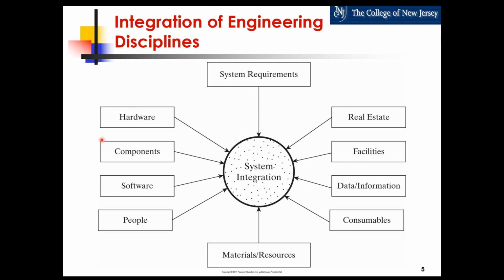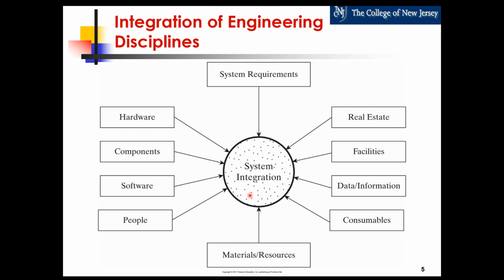So as you integrate these engineering disciplines, you are going to be looking at everything that you need for successful system integration once it's designed. We have discussed, for example, in three legs, the human factors, software elements, and hardware elements.